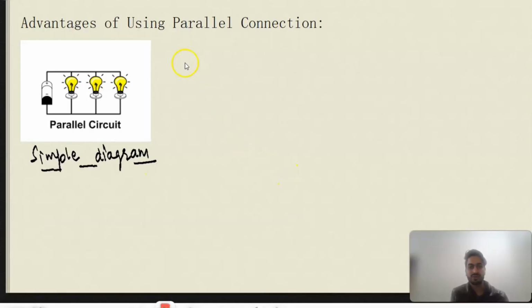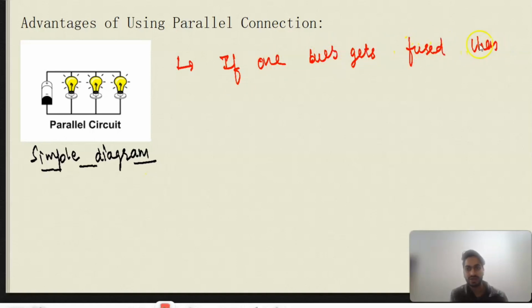So we can summarize the advantages in simple terms. For example, if one bulb gets fused, the other bulbs will also not stop working.